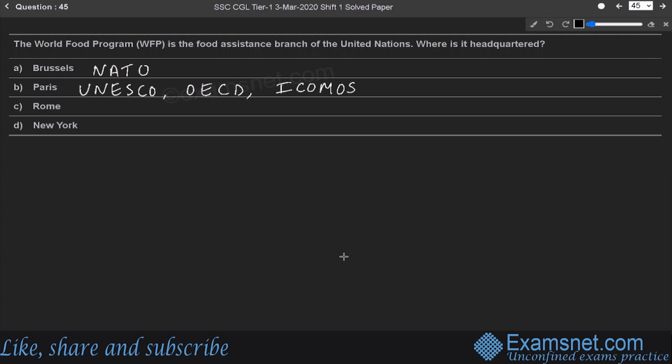It stands for International Council on Monuments and Sites. The next option is Rome. Organizations that are headquartered in Rome are FAO and WFP. FAO stands for Food and Agriculture Organization and WFP stands for World Food Programme, as mentioned in the question. So, for this question, the correct answer will be option C, which is Rome.